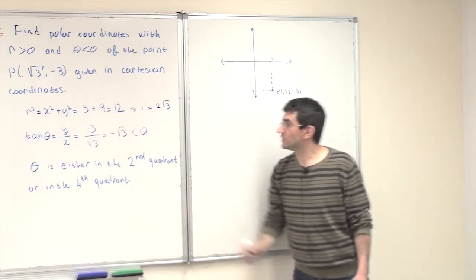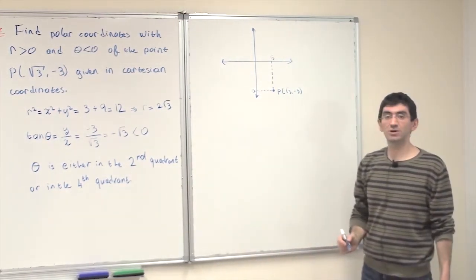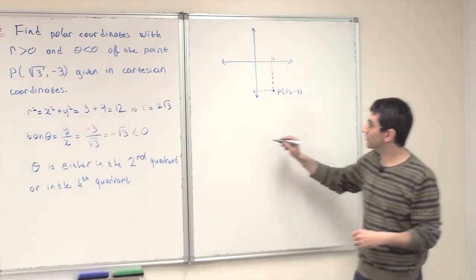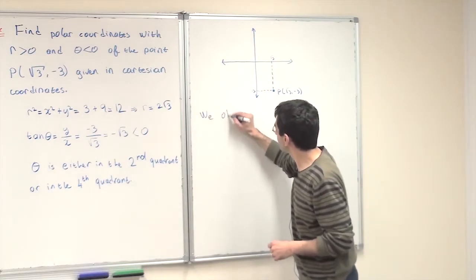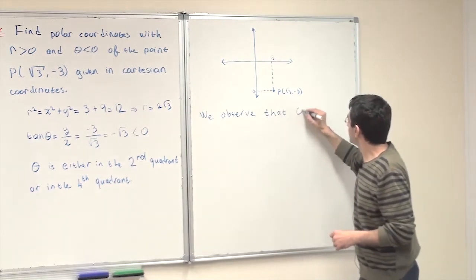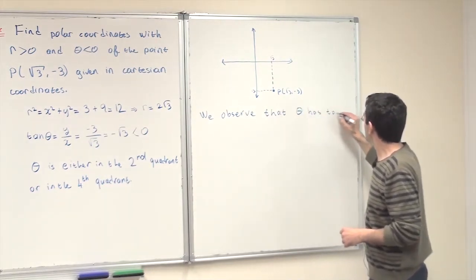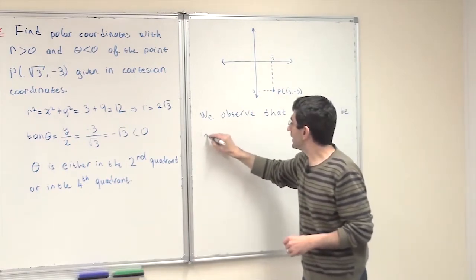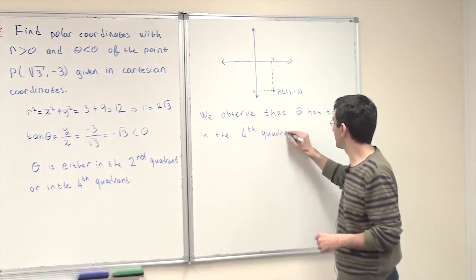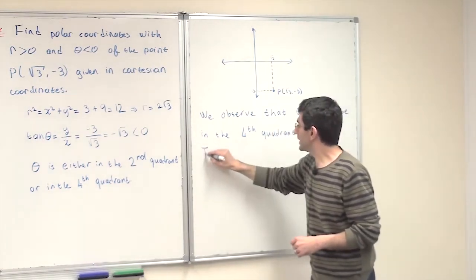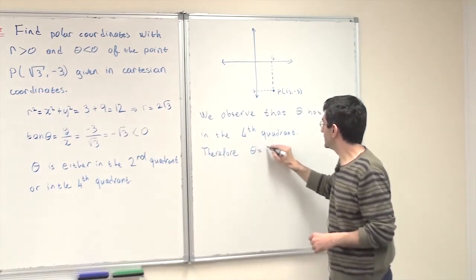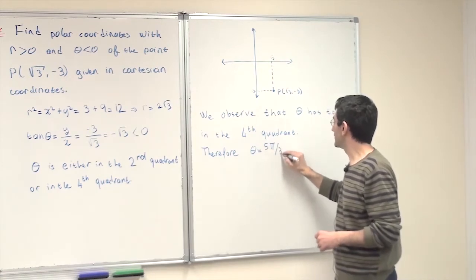So we are going to solve this tangent theta equation for an angle in the fourth quadrant. Now we observe from this picture that theta has to be in the fourth quadrant. Therefore, theta is 5 pi over 3.